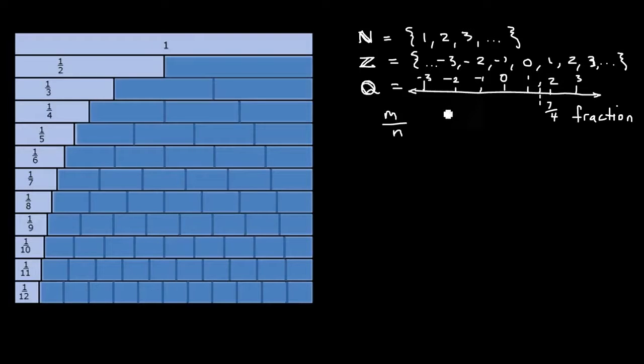Okay, so that's what a fraction is. It's somewhere along this continuum of the number line. It can actually be on one of these points, as we've seen. So -2, for example, could easily be expressed as -4 divided by 2. So it could be expressed as a fraction as well.